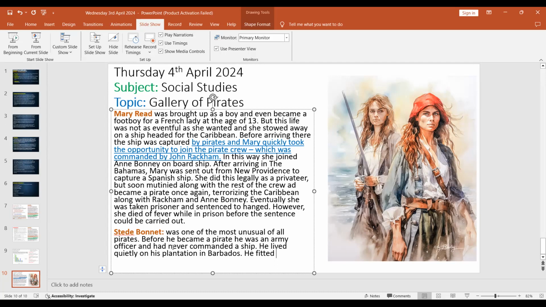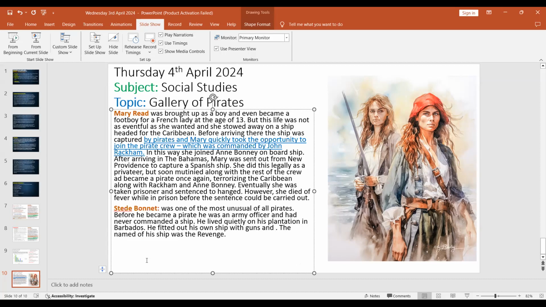I guess if he told the truth, his wife probably wasn't going to allow him to go, but he fitted out his own ship. So he stocked his ship with all the stuff that he needed. The name of his ship was the Revenge. He fitted out a ship with guns and men.